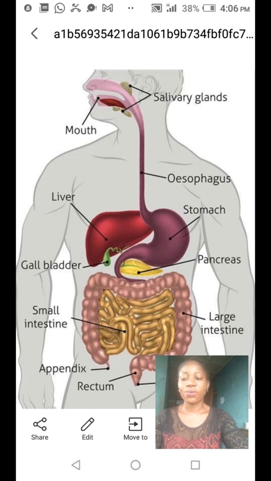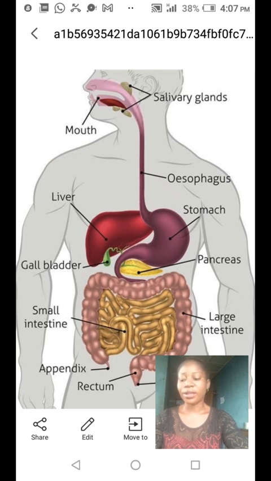Amylase, which breaks down starch to maltose. Lipase, which breaks down fat and oil into fatty acid and glycerol. The third enzyme found in the duodenum is trypsin, which converts peptones to polypeptides.